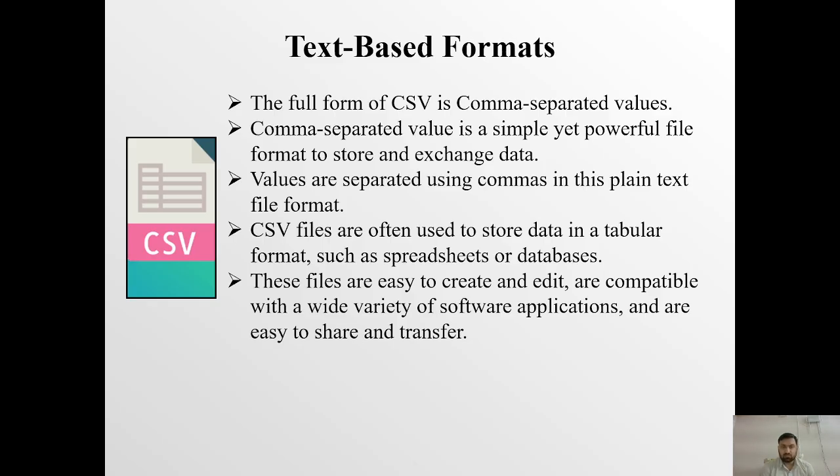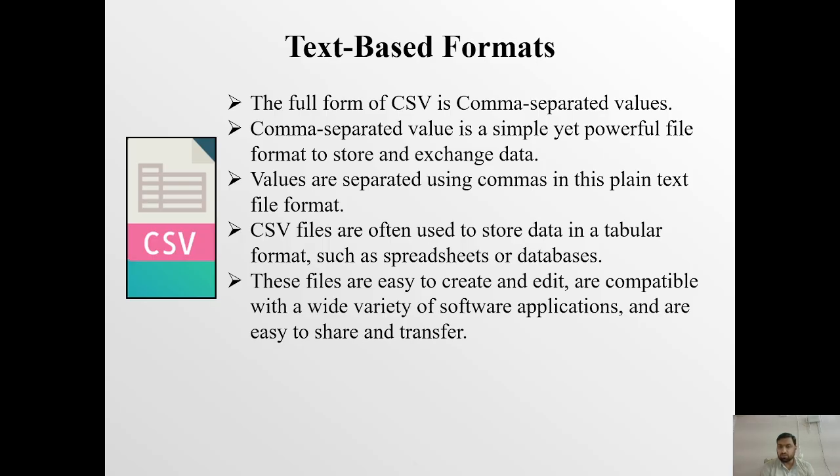Now, CSV, text-based formats. The full form of CSV is comma separated values. Comma separated value is a simple yet powerful file format to store and exchange data. Values are separated using commas in this plain text file format.